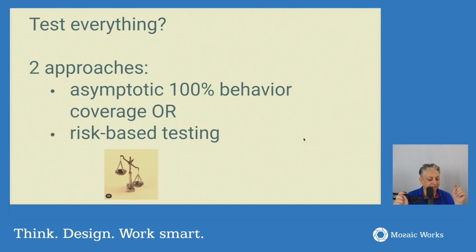Now, the asymptotic 100% behavior coverage has the advantage of being very simple. For every user story or feature that we want to implement, we try to define the behaviors.